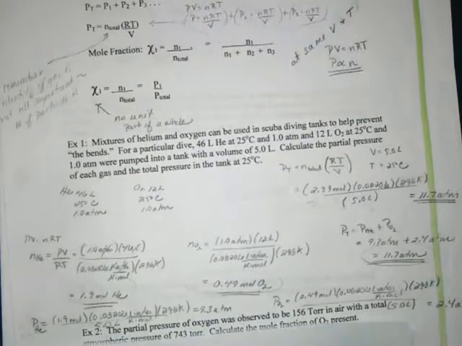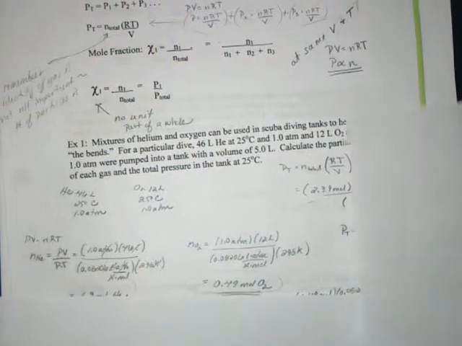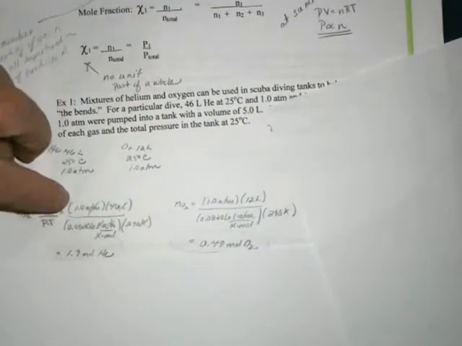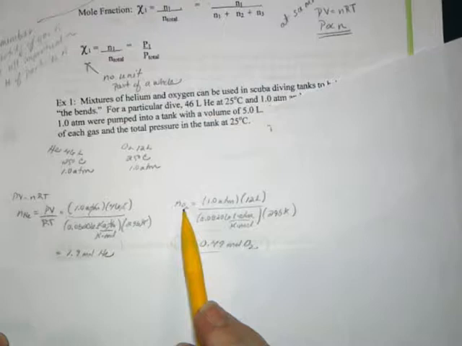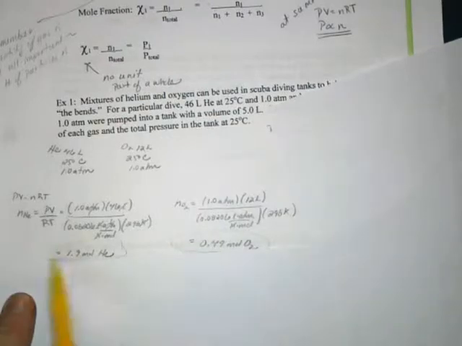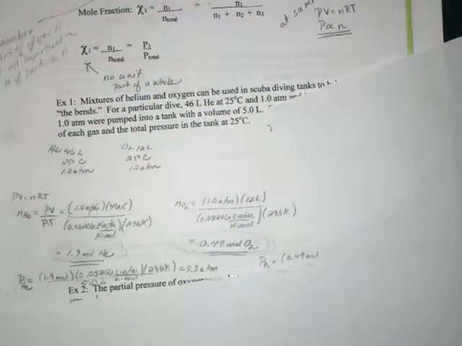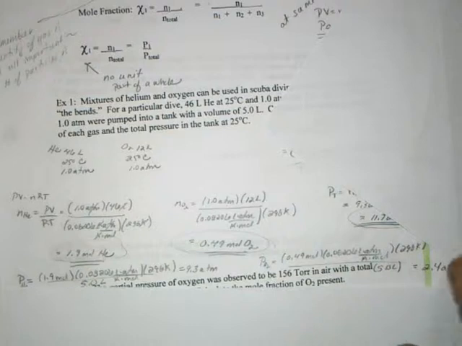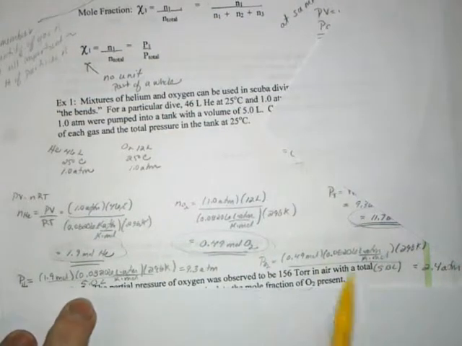So what I did first was found the moles of each given the 1 ATM but the 46 liters for helium, the 1 ATM but the 12 liters for the oxygen. And so this amount of moles of helium and this amount of moles of oxygen. So then what I did was I found the pressure that each would be showing in the 5 liter.